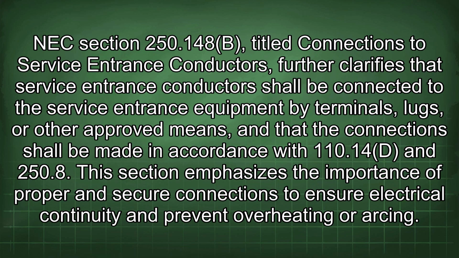NEC Section 250.148(B), titled Connections to Service Entrance Conductors, further clarifies that service entrance conductors shall be connected to the service entrance equipment by terminals, lugs, or other approved means, and that the connections shall be made in accordance with 110.14(D) and 250.8. This section emphasizes the importance of proper and secure connections to ensure electrical continuity and prevent overheating or arcing.